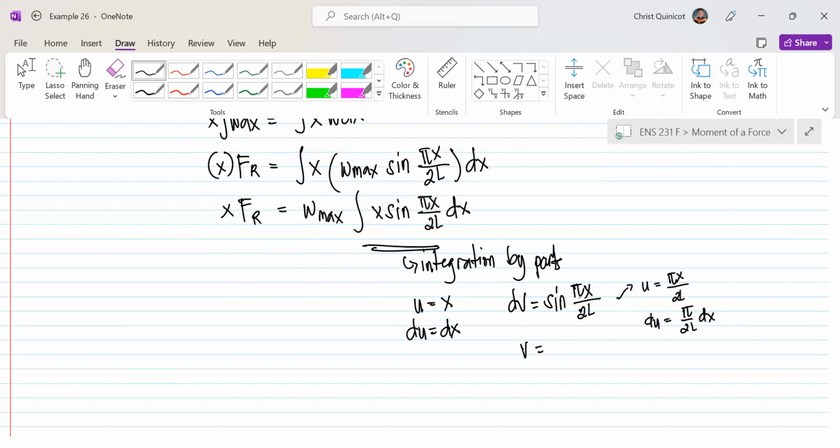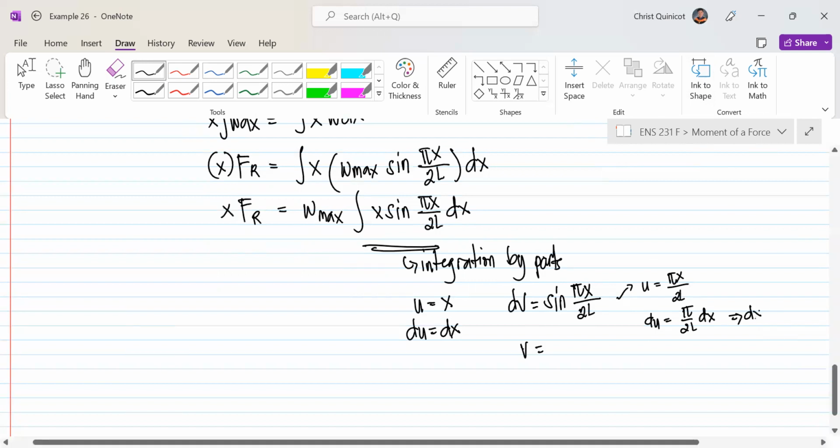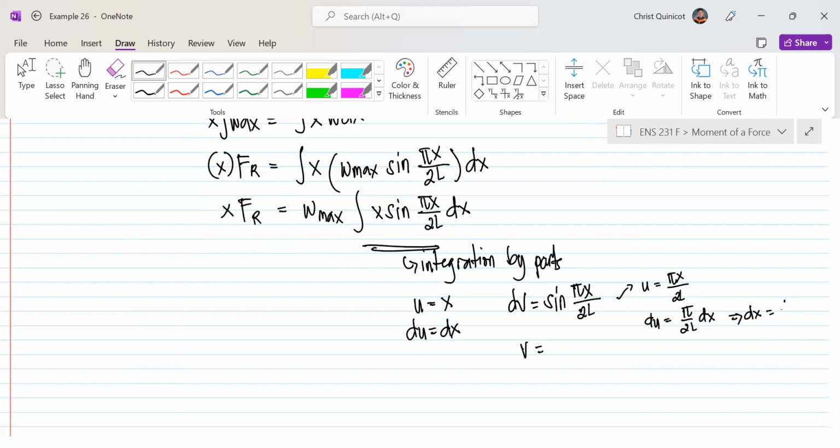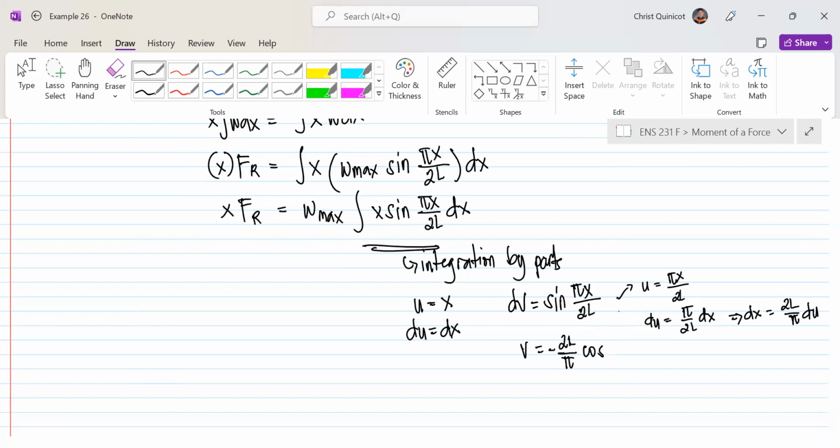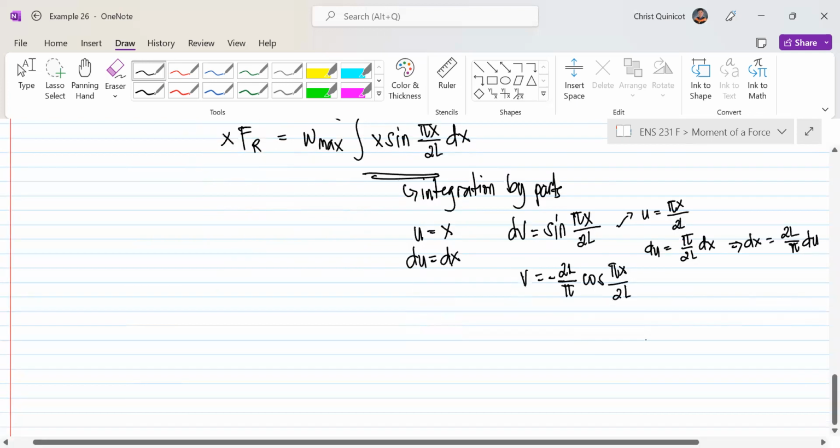Then dx is equal to 2L over pi du. We integrate it, and sine becomes negative cosine, so this becomes negative 2L over pi cosine pi x over 2L.